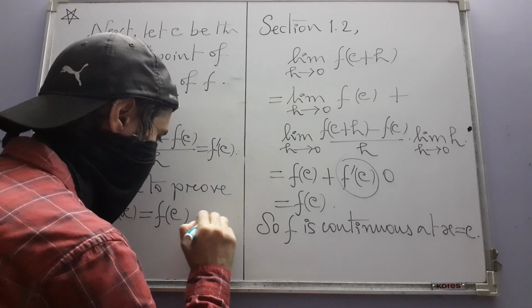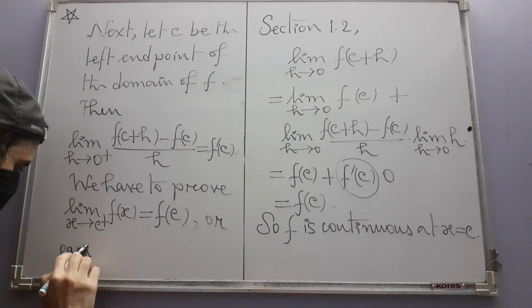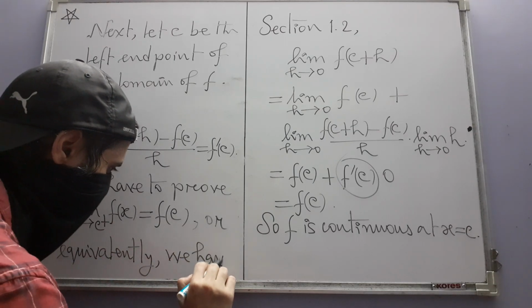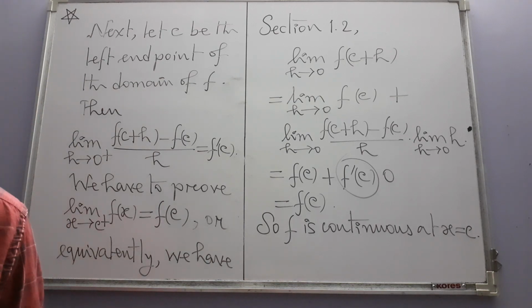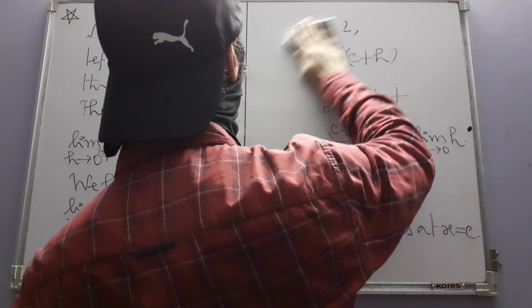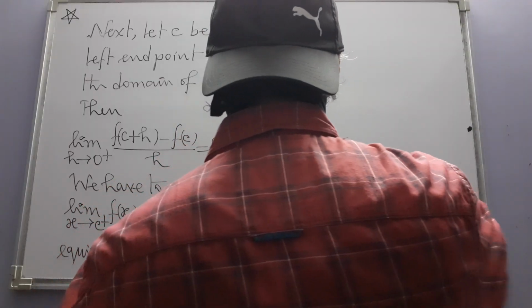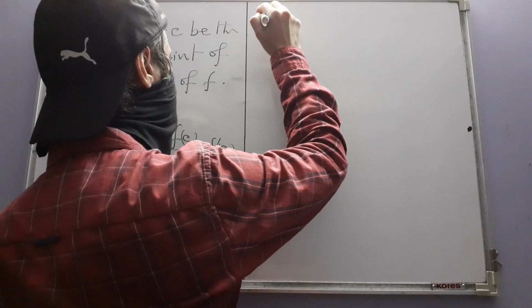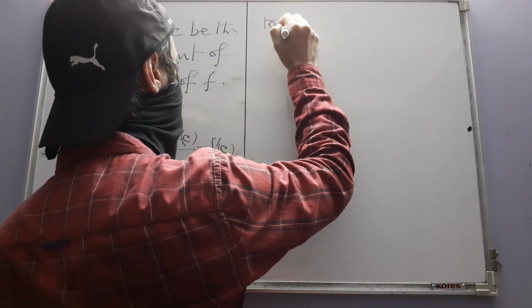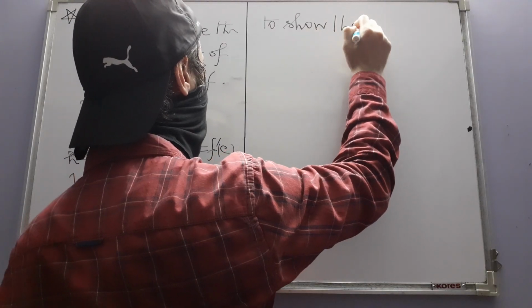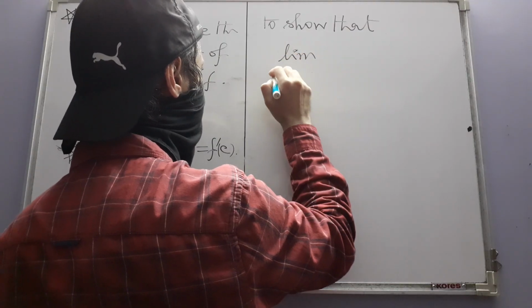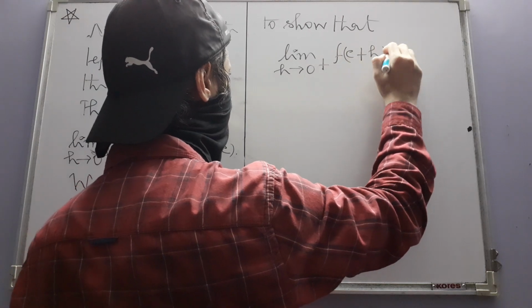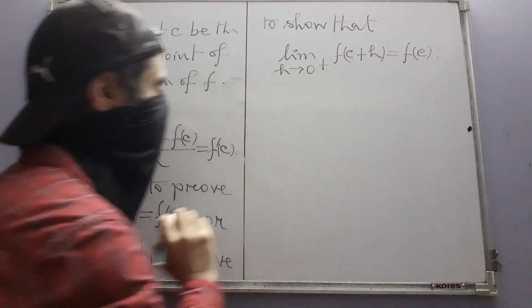Or equivalently, we have to show that this right hand limit at 0 of f of c plus h is f of c.